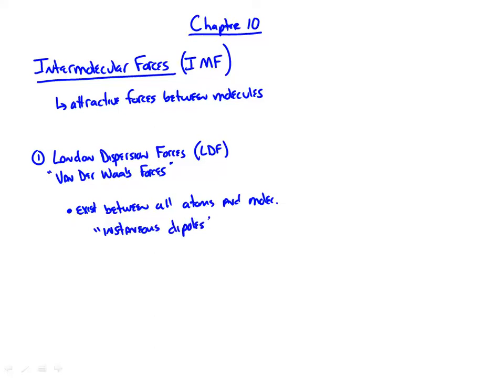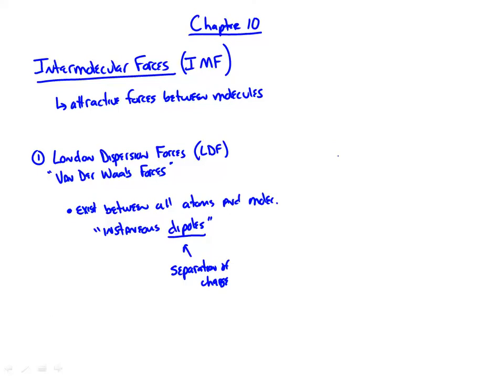As a bit of review, and we're going to talk about this term a lot more, does anyone remember what a dipole is from Chapter 7? It's a separation of charge. And so an instantaneous dipole is the dipole that a molecule possesses for a fraction of the time, but most of the time it's probably nonpolar.